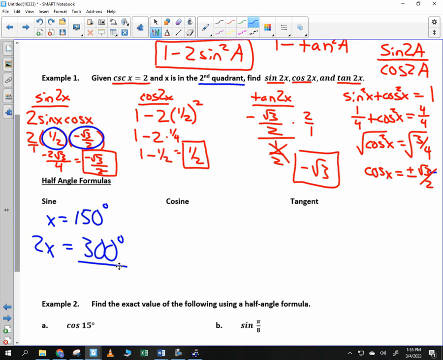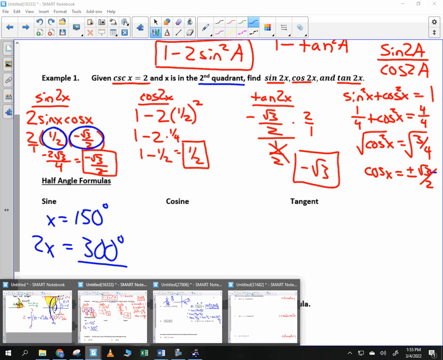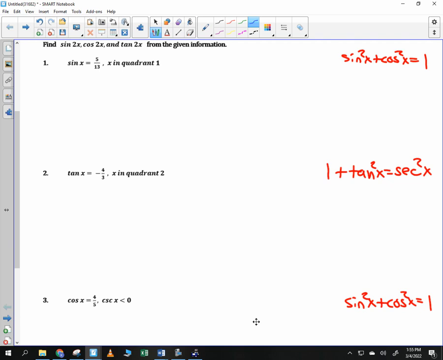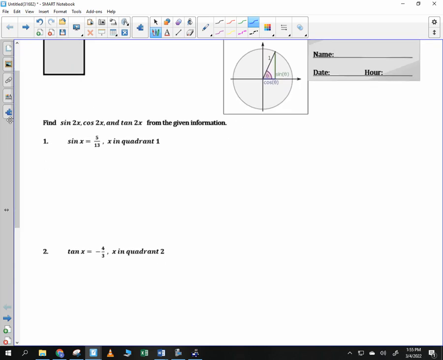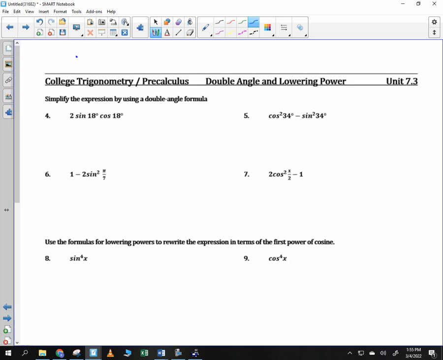So take out your assignment. Between now and Monday, you're able to do 1 through 3 on the front, and you're able to just do 4, 5, 6, and 7.